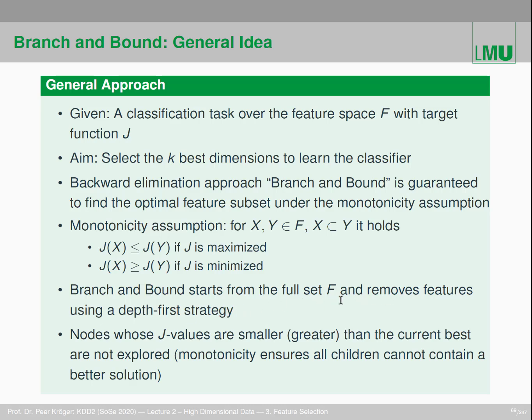So we use a top-down approach, not a bottom-up approach, with usually a depth-first strategy, and the nodes where the J values are smaller if it's maximized, or greater if it's minimized, than the current best solution need not be explored, because we know that the monotonicity ensures that all children cannot be better than what we found so far, which is just the consequence of the monotonicity.